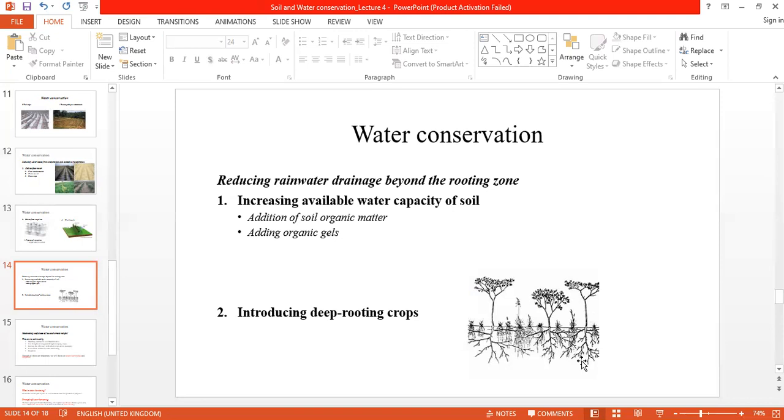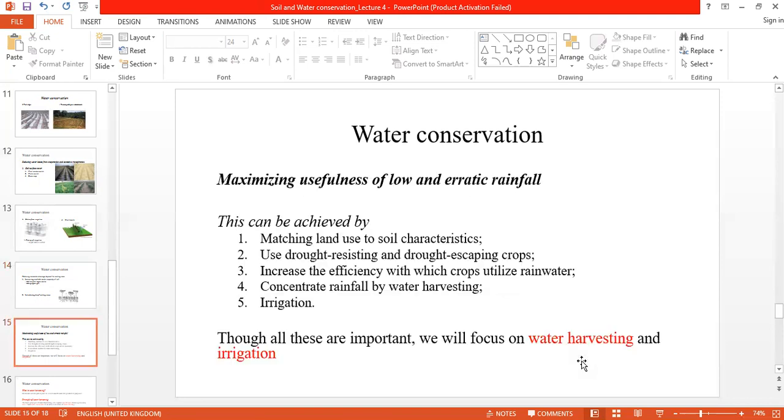So that's another way in which you reduce deep drainage.